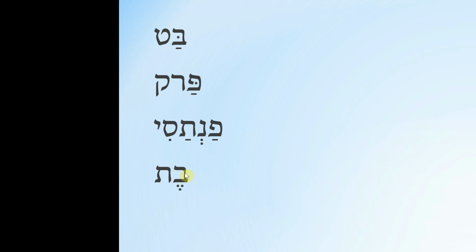You may have recognized that the beit without the Dagesh makes the same sound as the Vav, right? That can be potentially a little bit confusing in pronunciation. They do make the same sound, so no big deal. You just need to recognize that letter does make the same sound without the Dagesh.